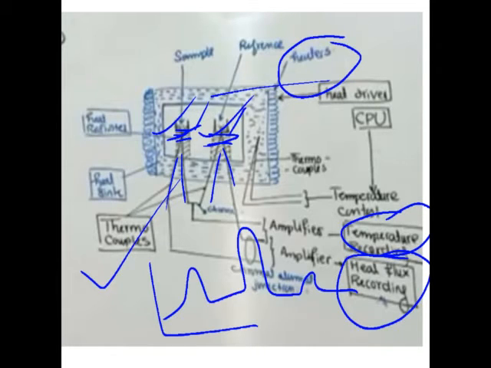All this can be done with the help of the data we get from the recorder. In this way the instrumentation of differential scanning calorimetry takes place. Next part is the types of DSC. There are two types of DSC.